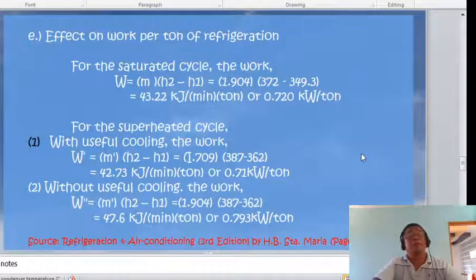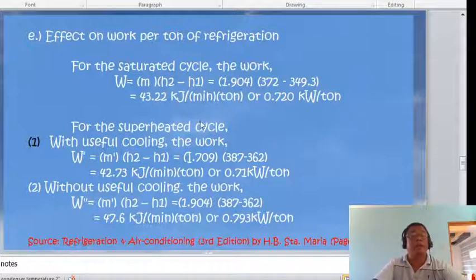Effect on work per ton of refrigeration. For the saturated cycle, the work is equal to m times H2 minus H1, so that is 1.904 multiplied by the change in enthalpy. The value now is 43.22 kilojoules per minute per ton, or 0.720 kilowatt per ton.